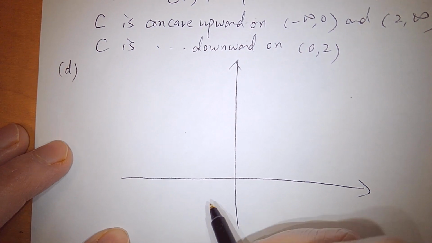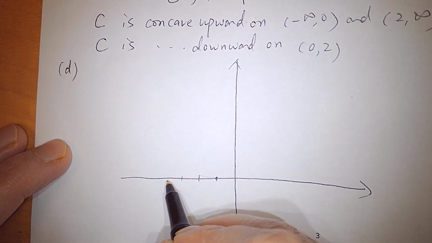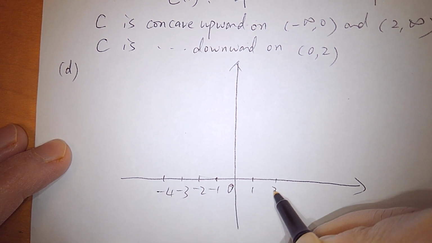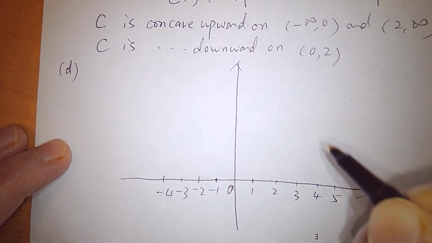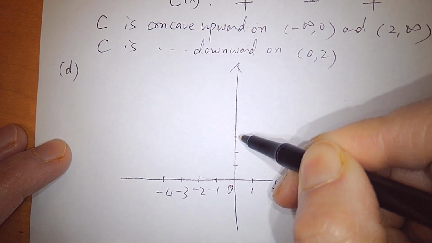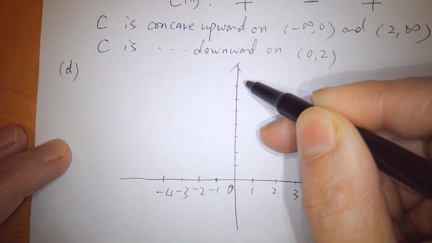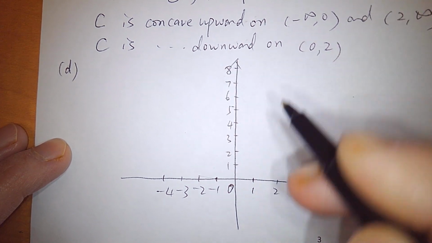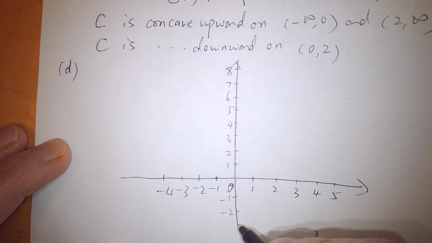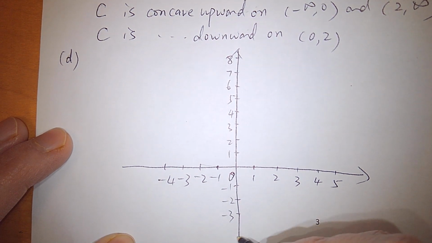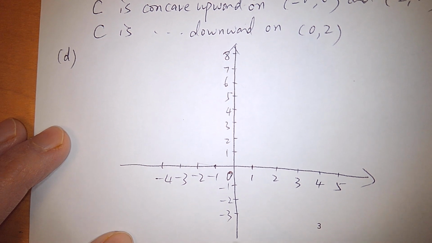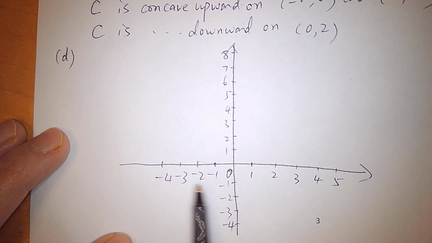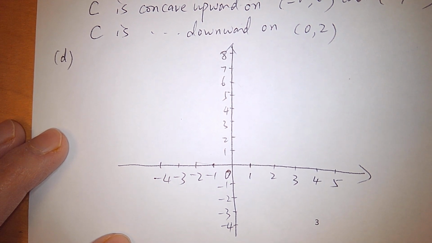Let's mark -1, -2, -3, -4, 0, 1, 2, 3, 4, 5, and so on. So the domain is all numbers, no restriction, and also we always need some key points.